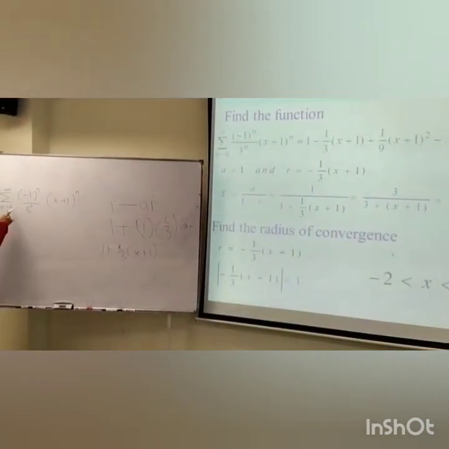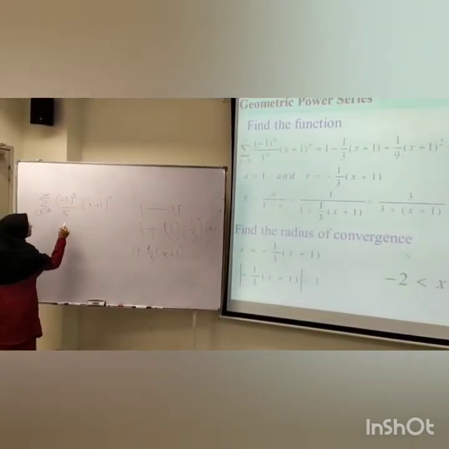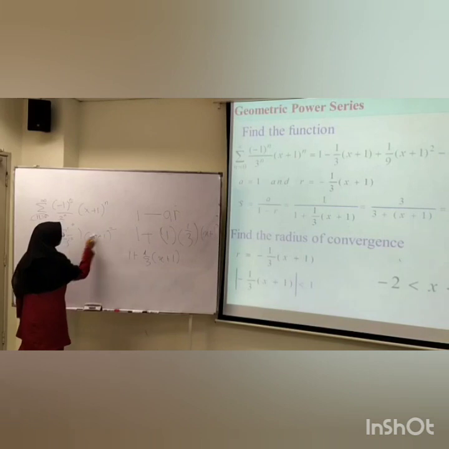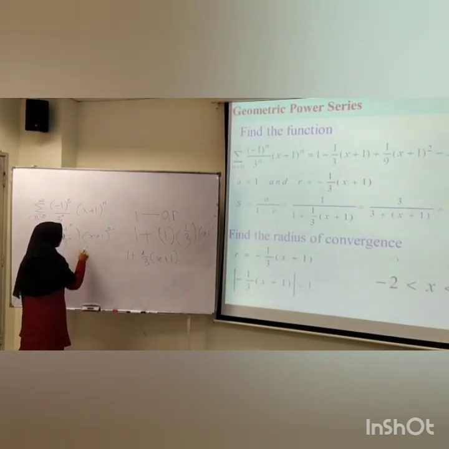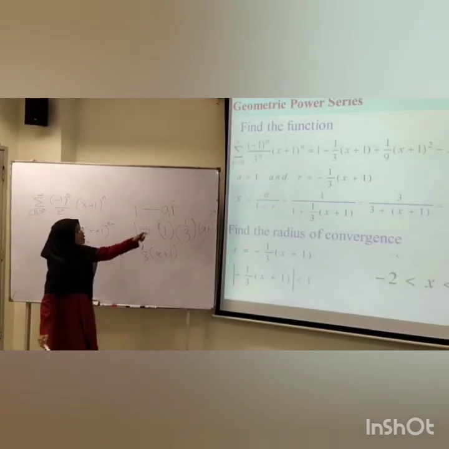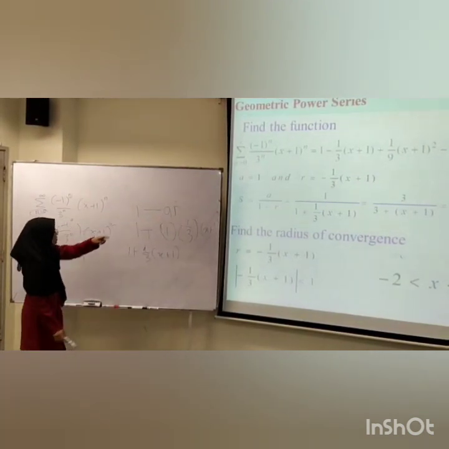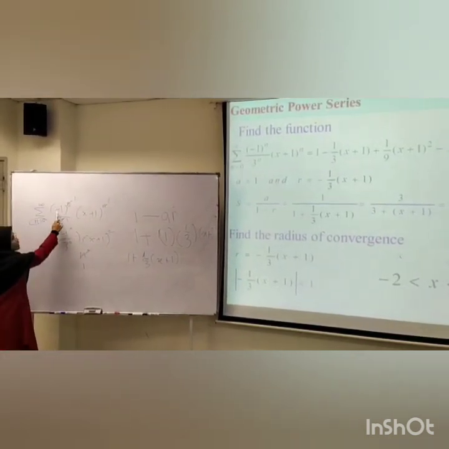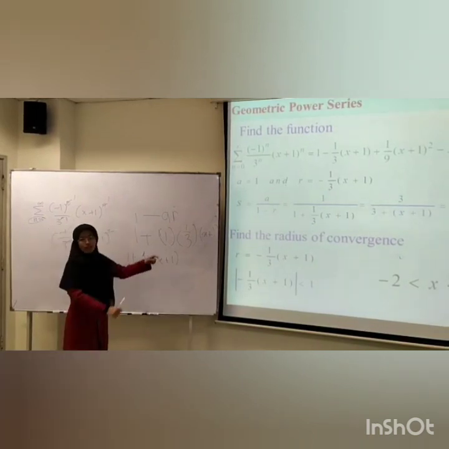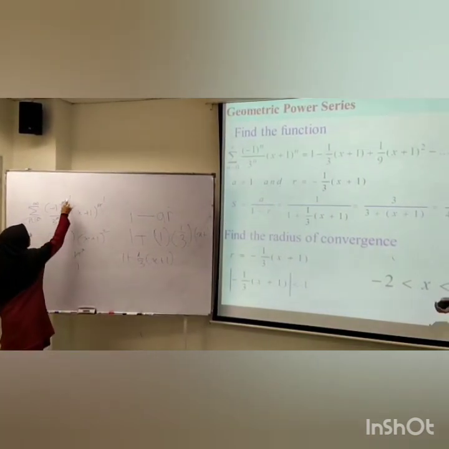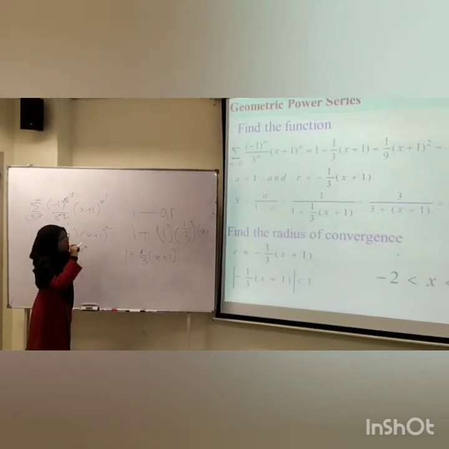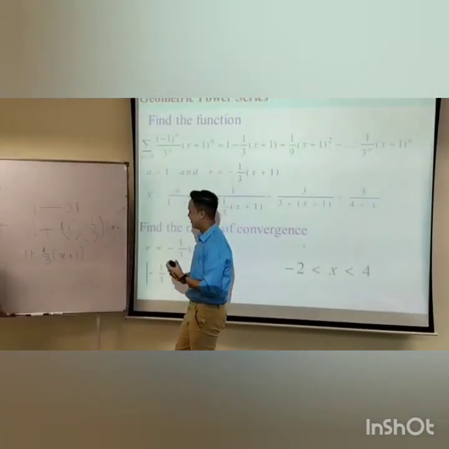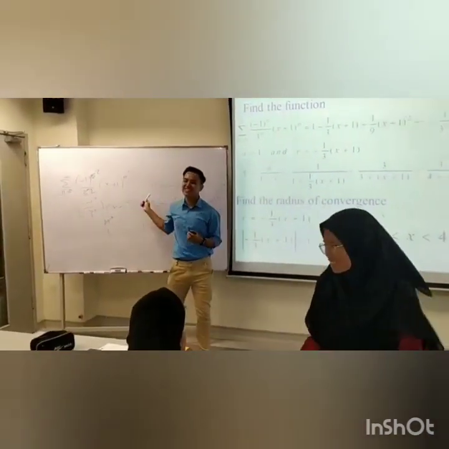When we substitute n equal to 0, x plus 1 to the power 0 equals 1, right? And then 1/3 x plus 1. So we substitute 1, and we will get negative 1/3 x plus 1. And then if we substitute 2, you will get this, and so on. Thank you, Fika. You get this, Chelsea? Yes, I get it.